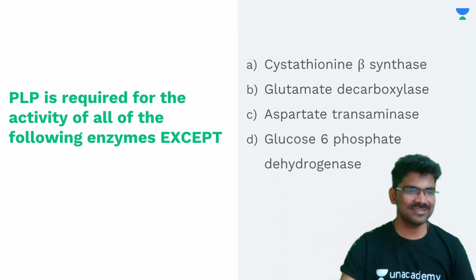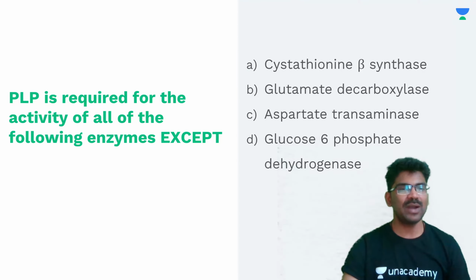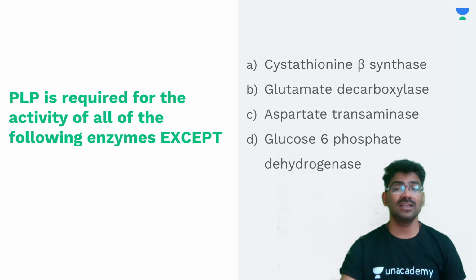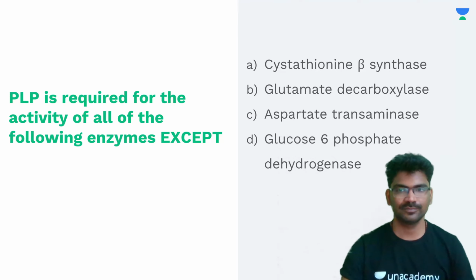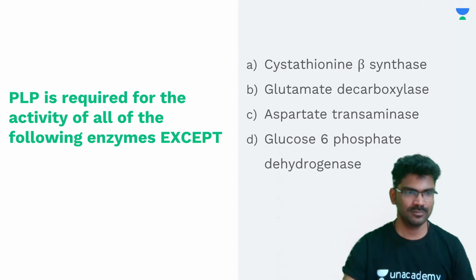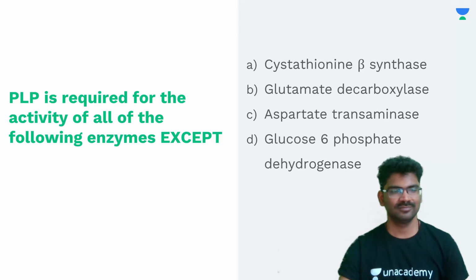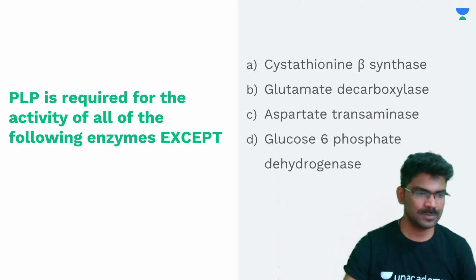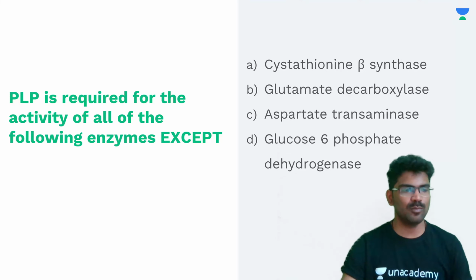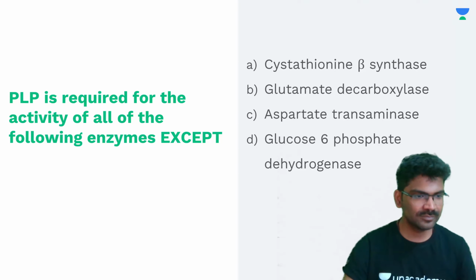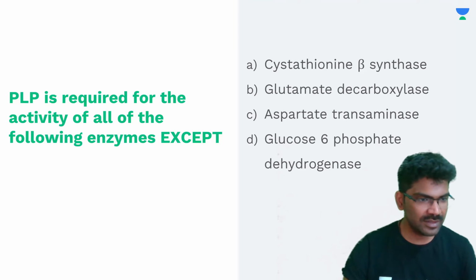Tell me the next question's answer. Pyridoxal phosphate is required for the activity of all of the following enzymes except. Nitish, Moksharma, they are saying it is option D. Right.